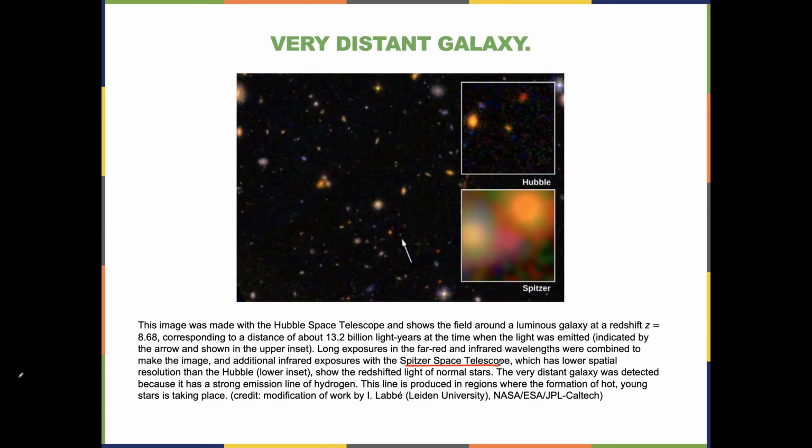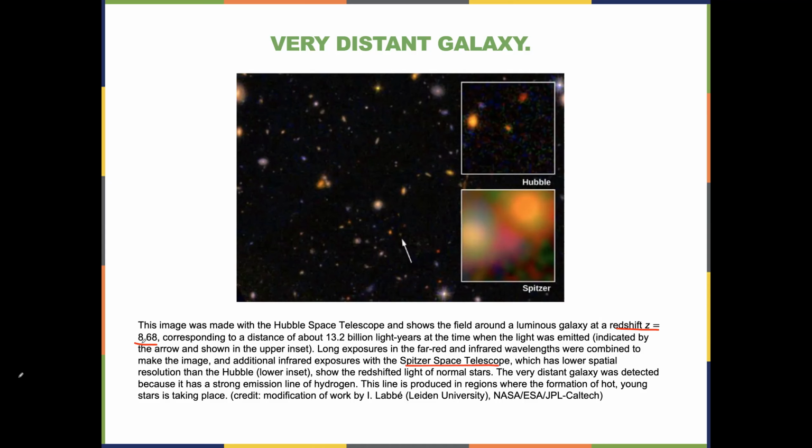They have combined them to look at one of these galaxies. This is looking at a redshift of z equal to 8.68. That's a huge redshift value. You will realize with time that redshift is not a linear scale. When you have a redshift of 8.68, you are almost at the very beginning of the universe.